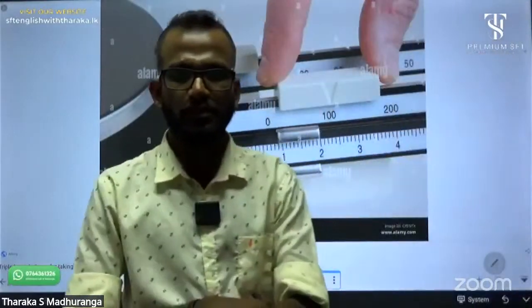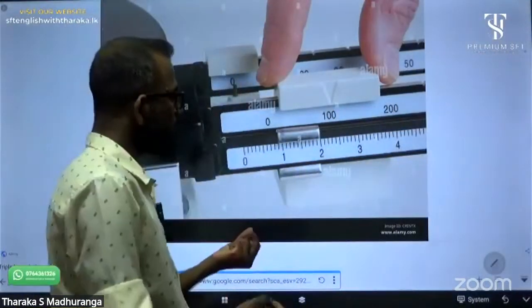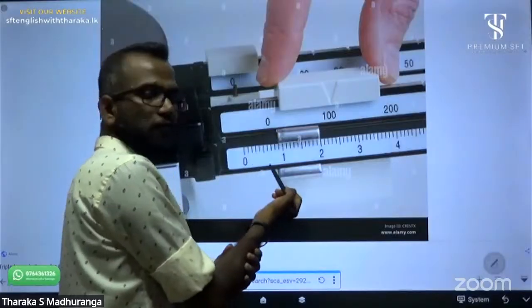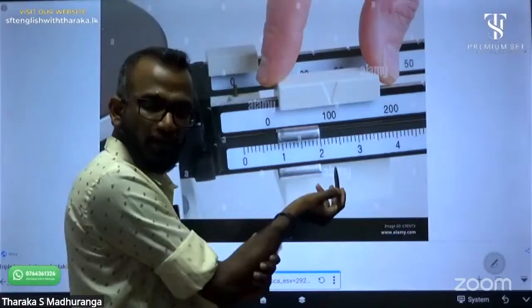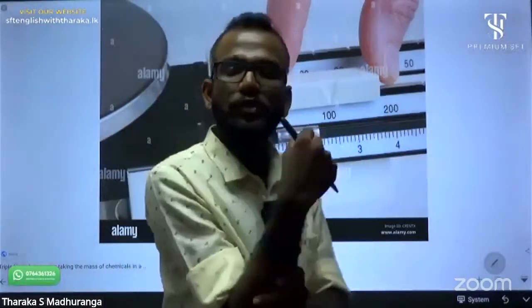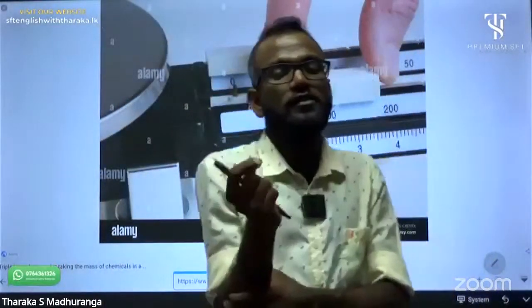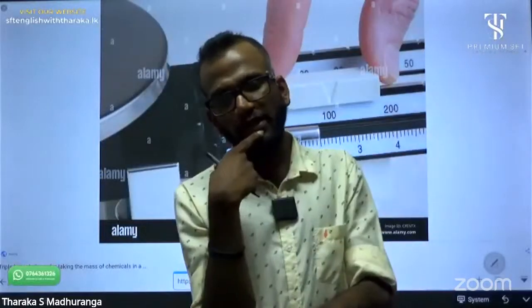Why? This is the least count. The first beam is calibrated by one, and each 1 gram distance is divided into 10 identical parts, right?